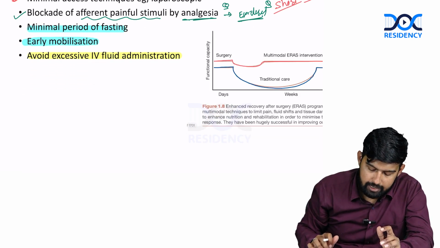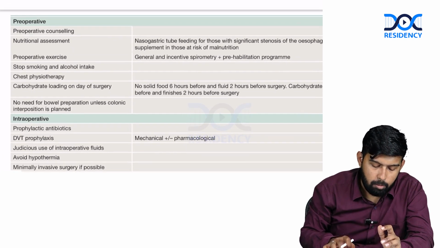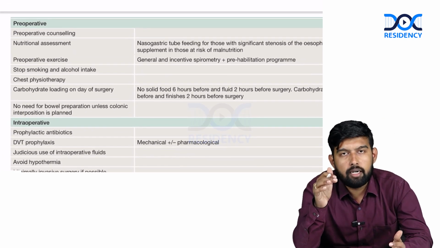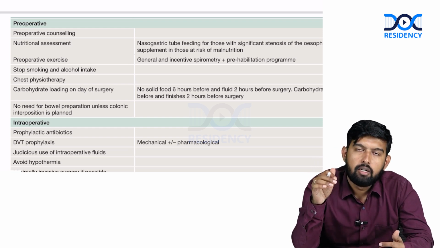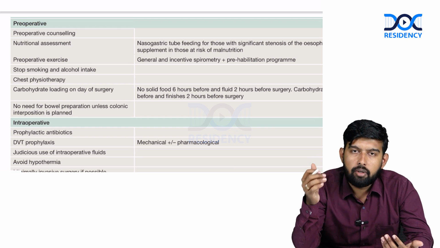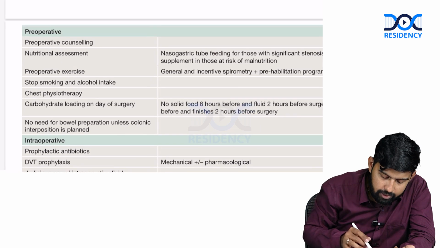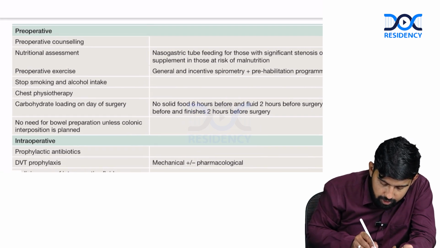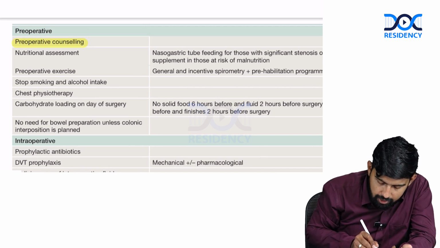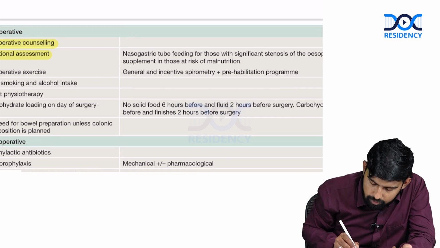So let's see what the components are which can be done during the pre-operative, intraoperative, or post-operative setting to enhance the recovery of the patient. The pre-operative components include proper pre-operative counseling of the patient, nutritional assessment, and the nasogastric tube.